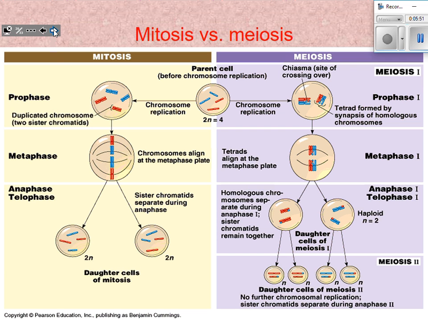Now, we are going to go on today and talk a little bit about genetic variation. How many people in here have a brother or a sister? Now, let's talk about me, for instance. I have a brother, I have a sister.